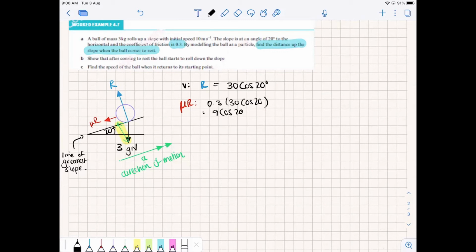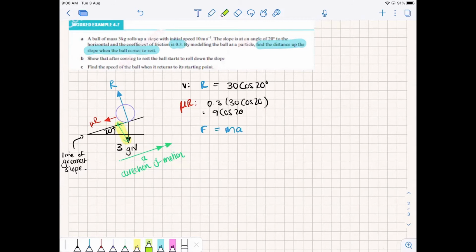So to find this, I need to resolve horizontally. Well, actually not resolve horizontally. We can't resolve because they're not in equilibrium. There's a net force going on here. So we can actually use our net force equation, Newton's second law. On our diagram, we can look at which forces are acting against the ball.